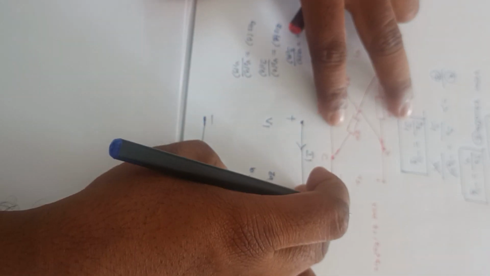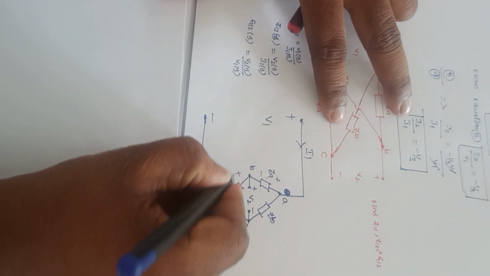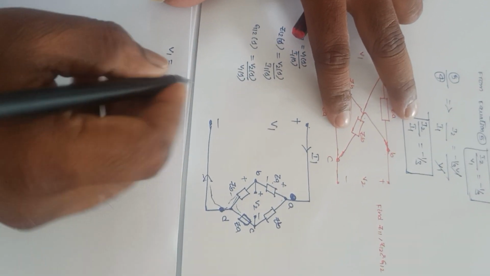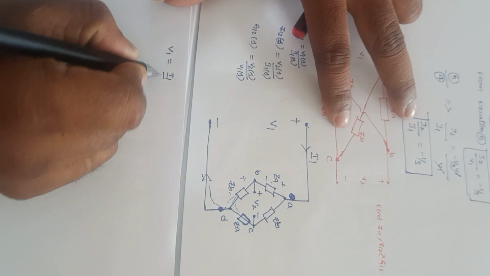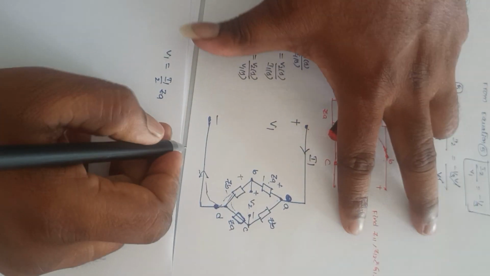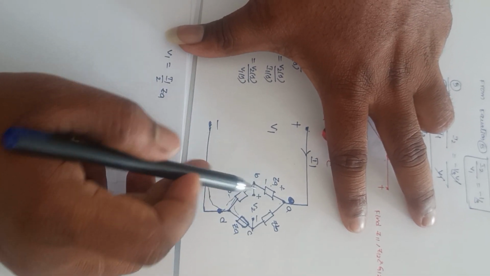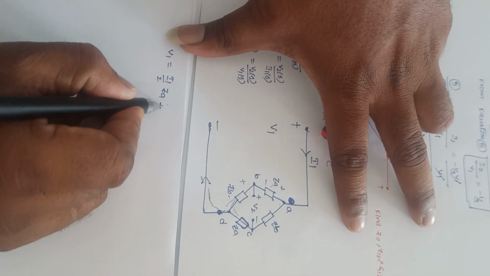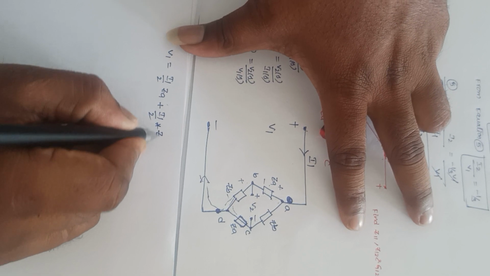Now this voltage is plus and minus, with current flowing like this. So V1, if I apply the KVL in this loop, is I1 by 2 into ZA, this current into this impedance gives the voltage across this, plus the current flowing through ZB, I1 by 2 into ZB.